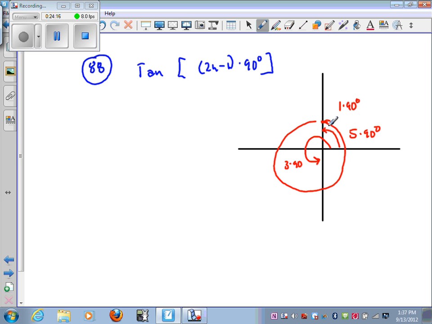And that would put me right back up here. And if I went a negative, I'd start out here, go to there, go down. So it would always be either up here or down here. And my tangent is going to be a ratio of y over x.